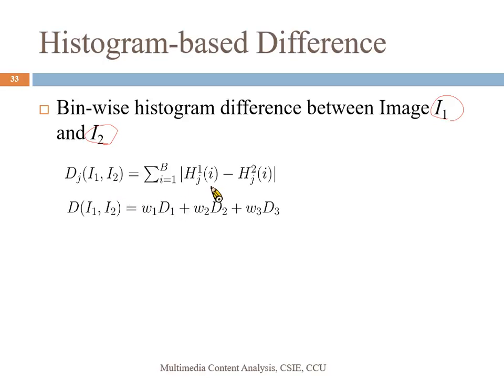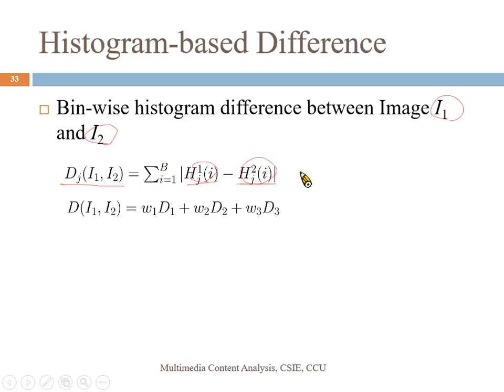Basically, we calculate the difference between pairwise histogram bins. For example, here we calculate the difference between the value of the ith bin of the first histogram and the ith bin of the second histogram, and we sum all the differences to be the difference between 2 images. So this is one way.